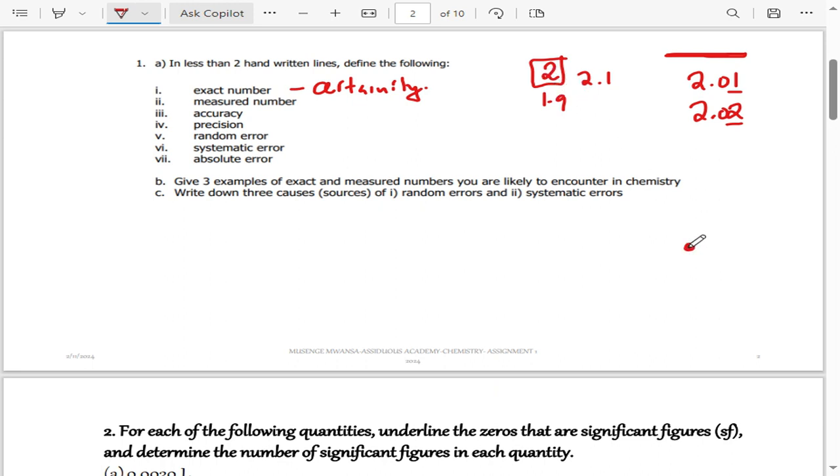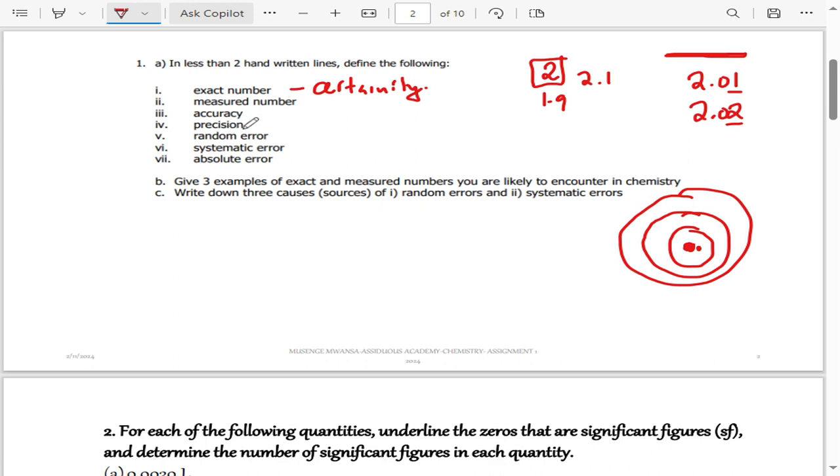And we can also use this example if you've watched in movies where people are throwing knives. If someone throws a knife and it hits the very middle or very close to the middle, that person is accurate. So the more you go away from the true value, the more inaccurate you become.